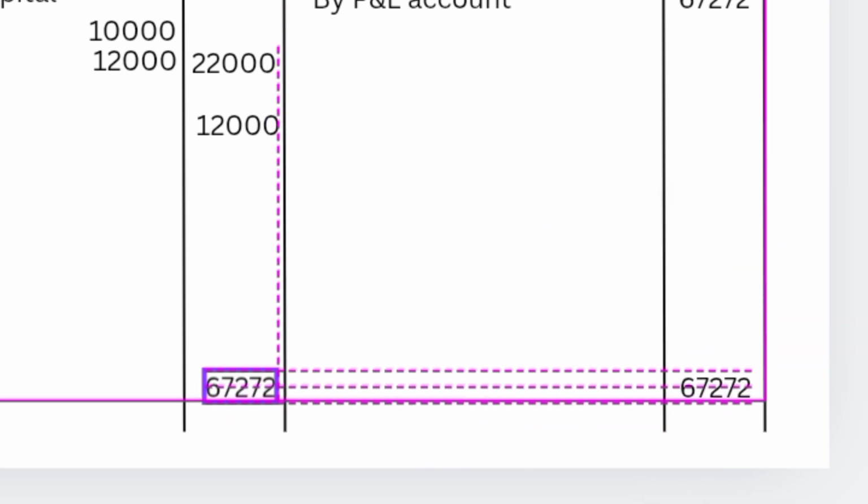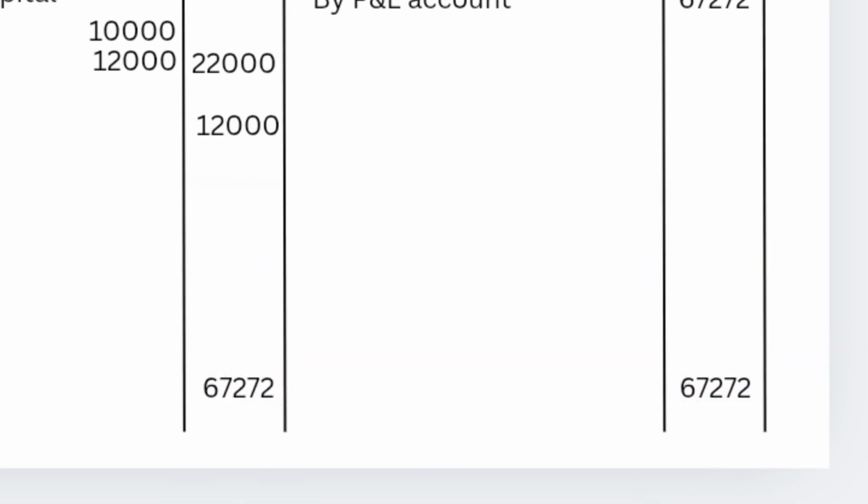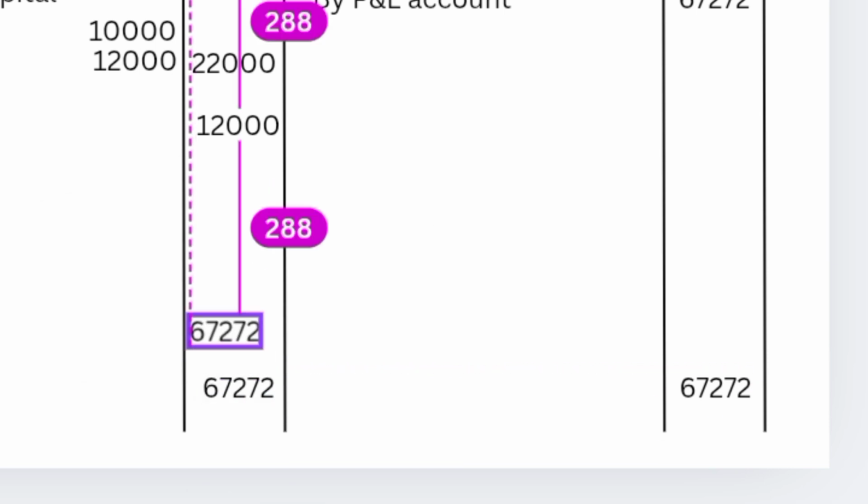We'll write this one also on the debit side. So 22,000 plus 12,000 is 34,000. 67,272 minus 34,000 is 33,272.